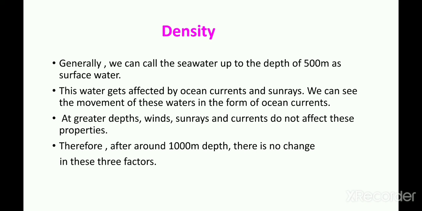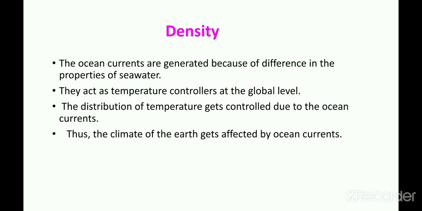We can see the movement of this water in the form of ocean currents. At greater depth, winds, sun rays and currents do not affect these properties. Therefore, after around 1000-meter depth there is no change in these three factors.